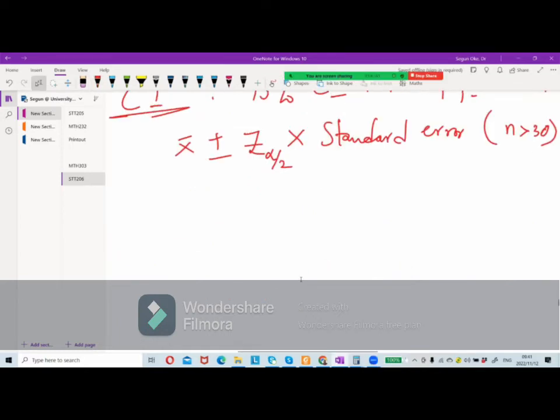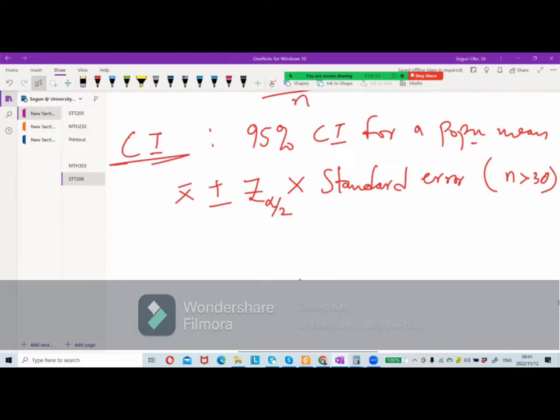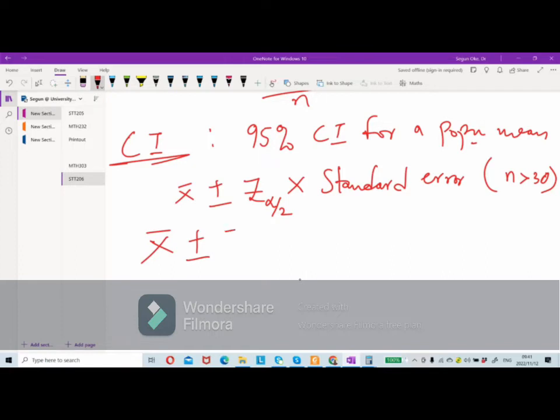But for the 95% confidence interval, what does it mean? Let me write this one. X bar plus or minus Z alpha over 2 multiplied by sigma over square root of N. At this point, my N is less than 30.